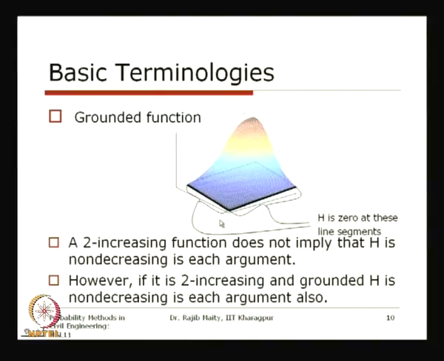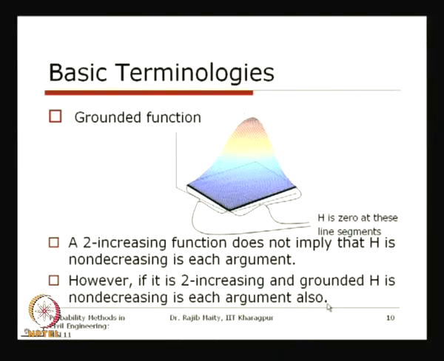Now as we were just saying, if we simply say that a function is 2-increasing, that does not guarantee that it will also be non-decreasing in the direction of each random variable. But if we say that it is 2-increasing as well as grounded, then we can say that it is non-decreasing in each argument also.